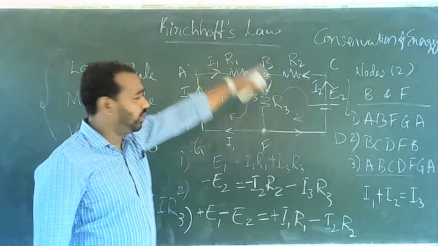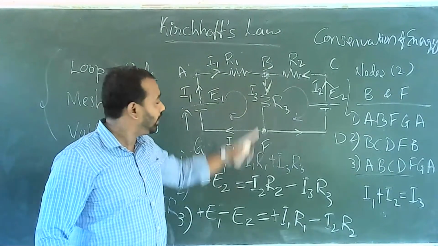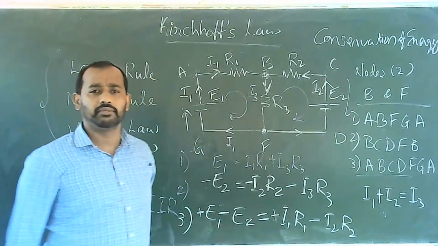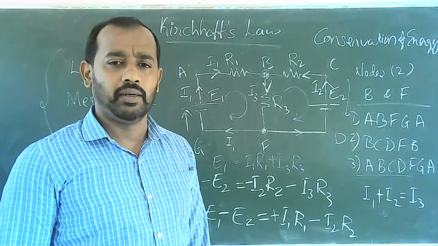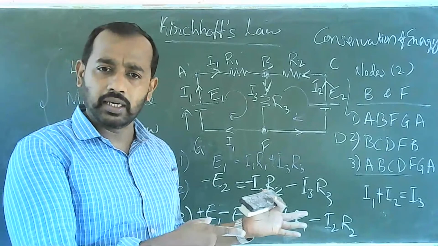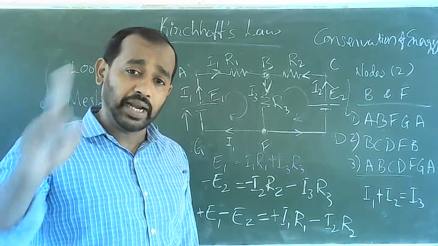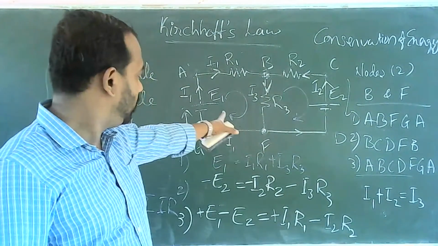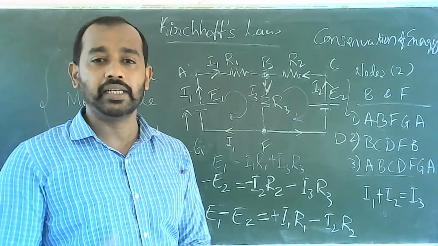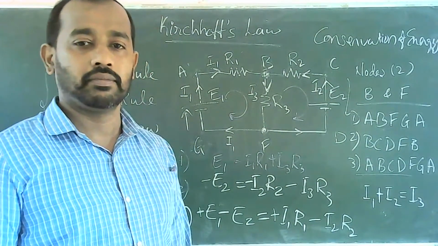You need to find all the values, I1, I2. But if you use Kirchhoff's rules, we can find the specific current only. If we want only I3, we can find only I3. But if you use Ohm's law to find the value of I3, you have to find I1, I2 also. So therefore, this is most important. Practice it. When you practice it, only then will you be perfect.